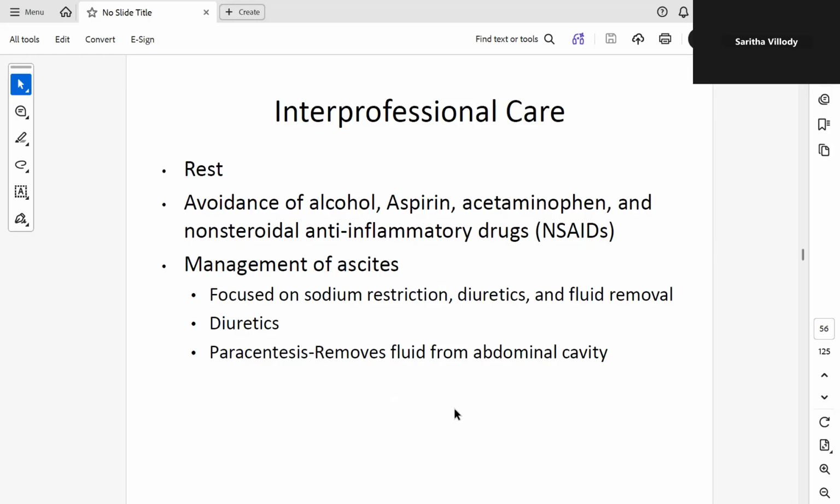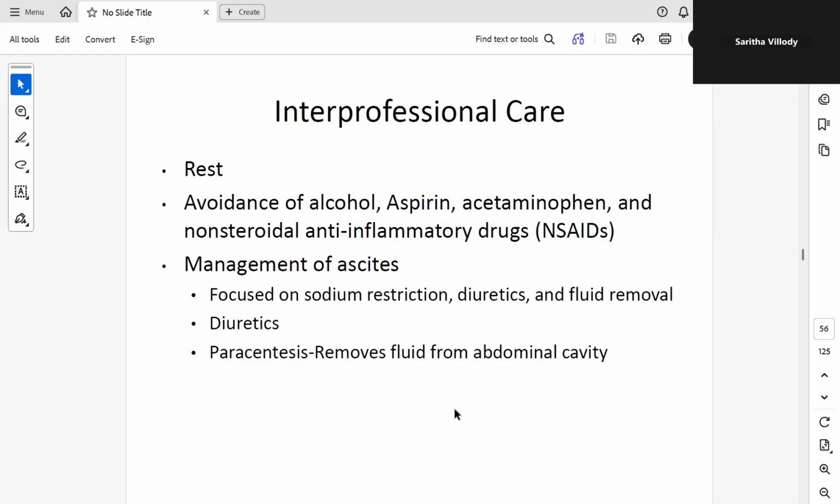This is not a good procedure to do because it can cause spontaneous bacterial peritonitis, which is a complication. It can cause an infection because it's an external catheter, but it helps to relieve the pain and pressure to a certain extent, or shortness of breath to a certain extent. This can also cause fluid volume shift.